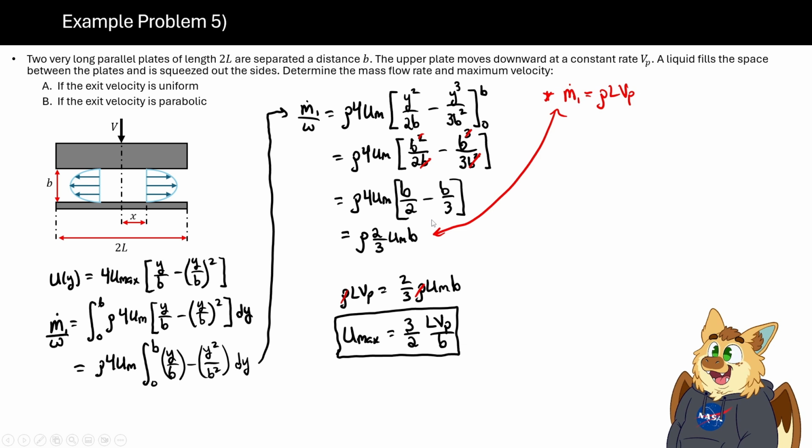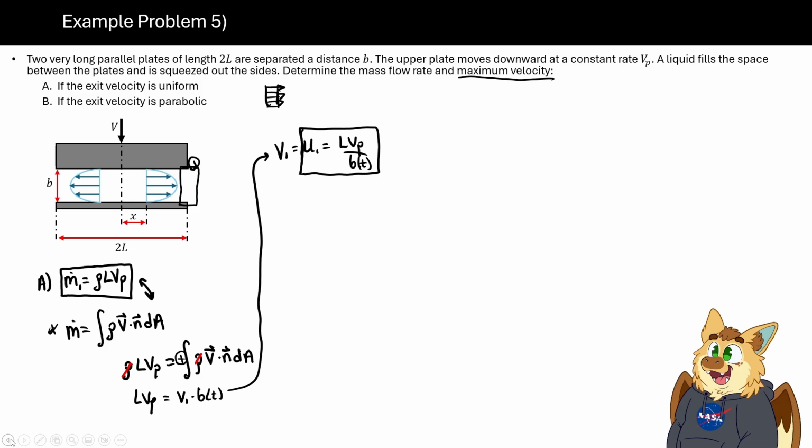There are a lot of weird things that happen in this question, especially with the parabolic velocity profile. One of the big sources of confusion is seeing this link where you develop a global constraint of mass flow rate based on the plate coming down with some velocity, and then you set it equal to the mass flow rate at a single surface.